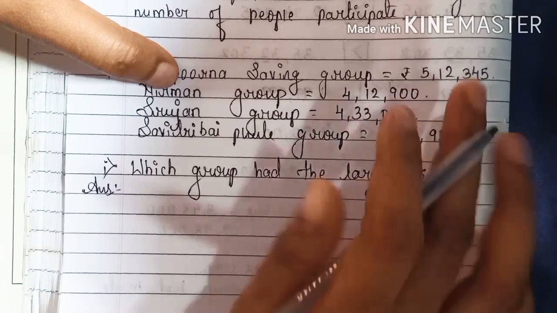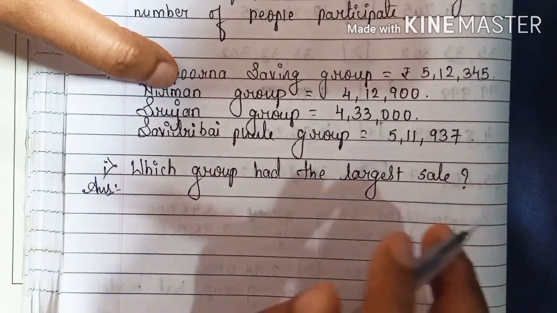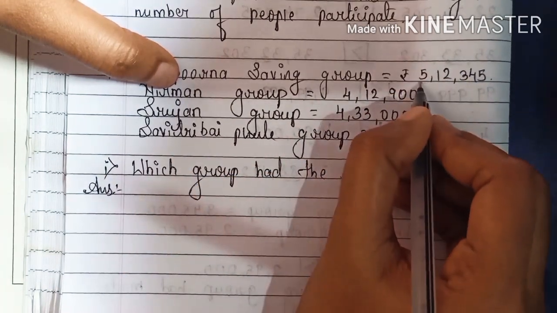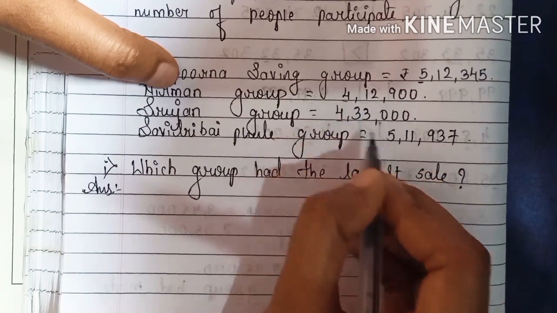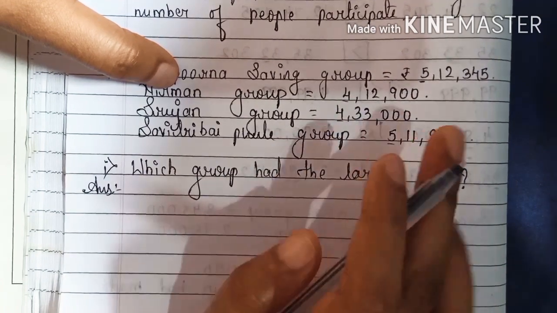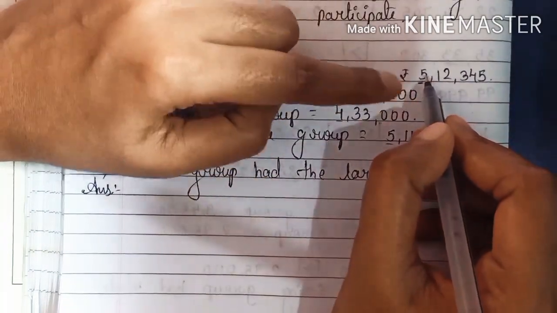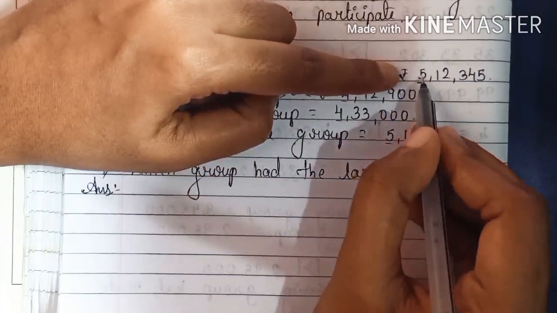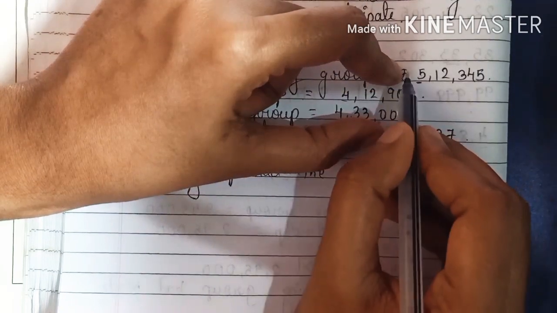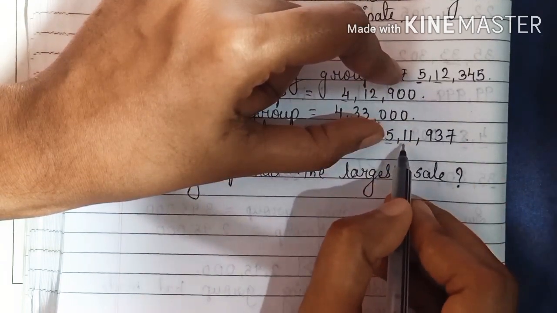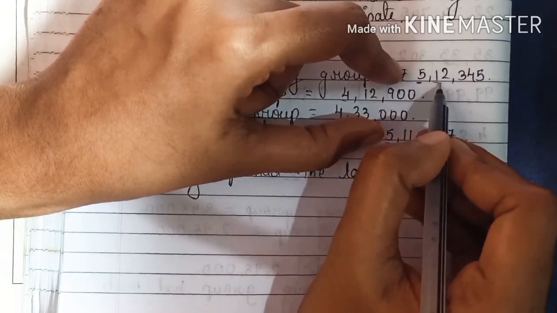Let us check the number of digits are same. Let us check the face value. The first digit here we have 5, 4, 4 and 5. Now among this 5 and 4, the 5 will be greater. Here we have 5 on 2 places. After 5 here we have 12 and here I am having 11. This 12 will be greater.